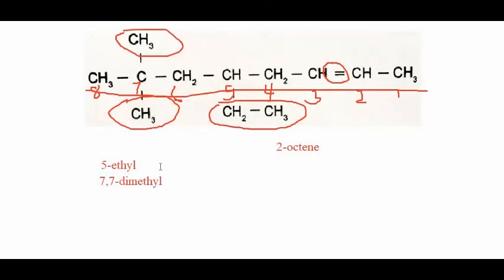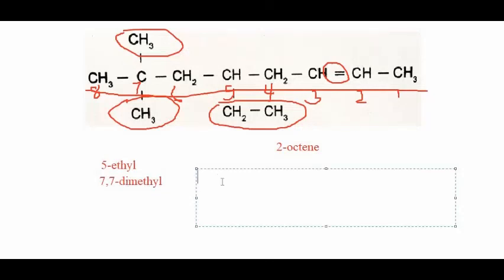Okay. So there we have now the names for the substituents. Now we're going to arrange the names in alphabetical order. So, which comes first, the letter D or the letter E? Of course, the letter D comes first.